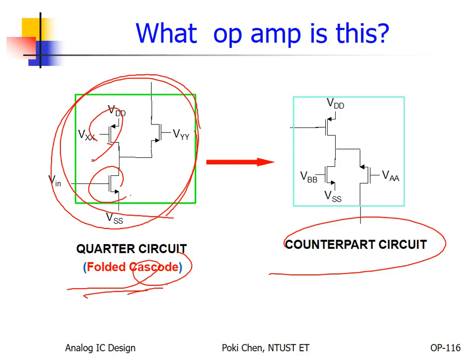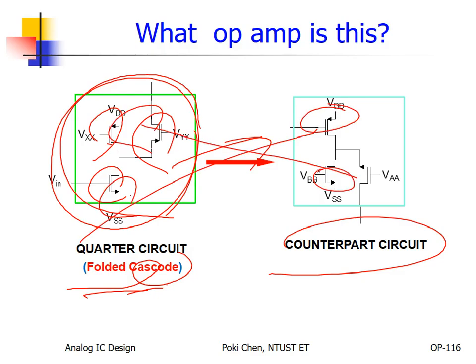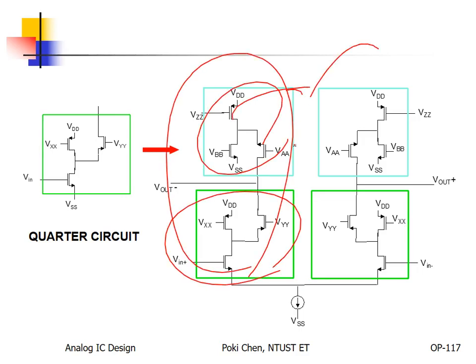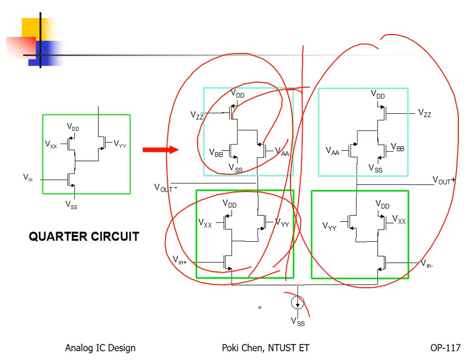Just flip it and swap it: NMOS become PMOS, PMOS become NMOS. Okay, you have the counterpart circuit. Then we can have the quarter circuit, counterpart circuit, left half, flip to the right half in the middle. That's it.